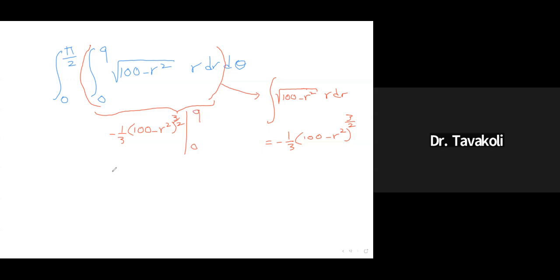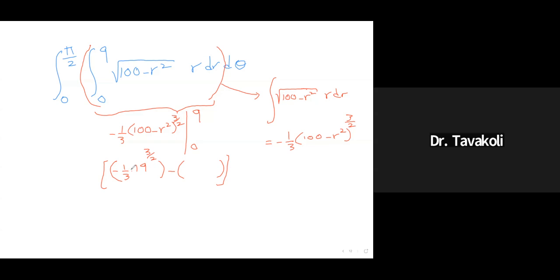So let's calculate this. I should evaluate at 9, then minus the evaluation at 0. At 9, minus 1/3 times 100 minus 9 squared, 100 minus 81, which is 19, to the power of 3/2.